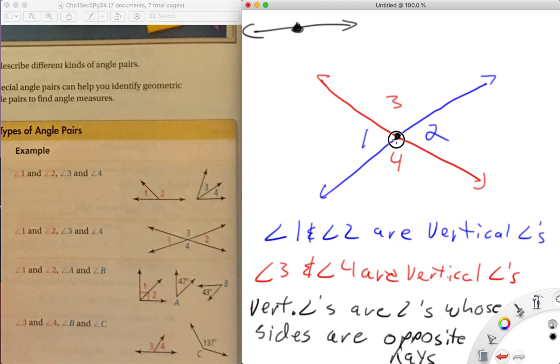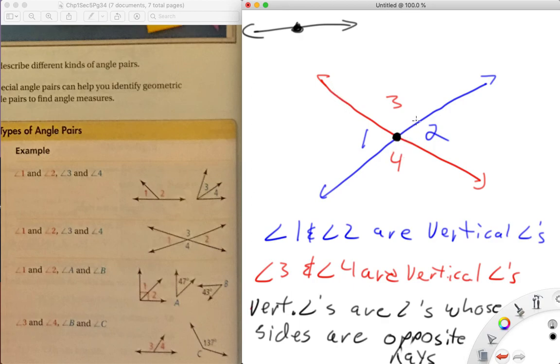It's going to look like usually like an X. Here's the common point that they all share in the middle. If we look at the blue line, these are opposite rays. They go this way and they go that way. If we look at the red line, they're also opposite rays. They go in opposite directions.